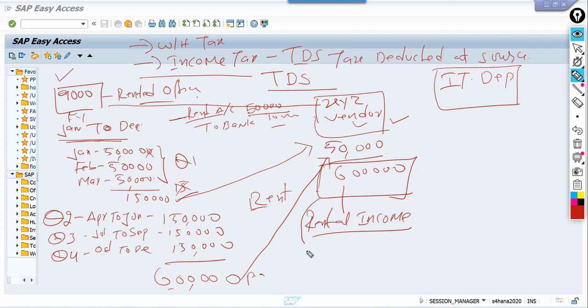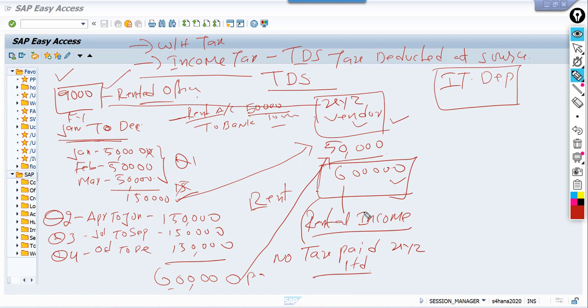He didn't pay any tax. No tax paid by XYZ Limited. Because nobody knows about this income. Only XYZ Limited knows. They are getting this 50,000 per month from this company code.